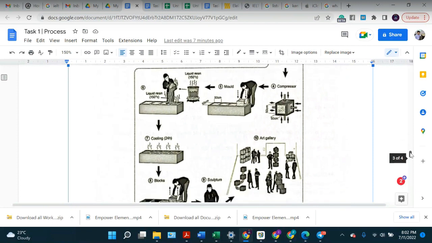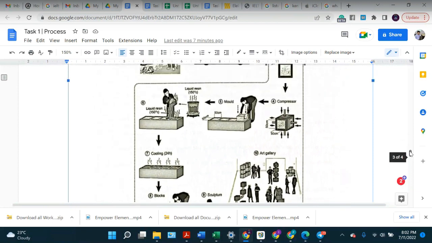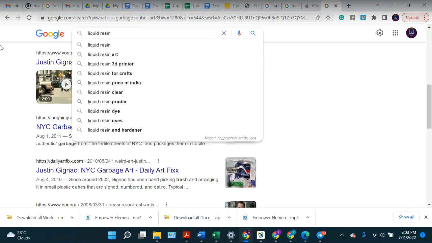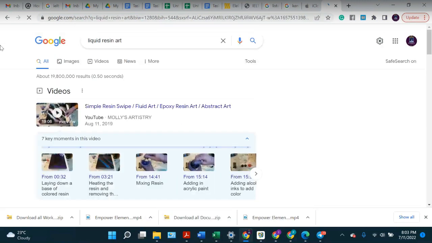I'm not sure here. I would think twice before adding this information, but I think the reason why the artist adds liquid resin is to hold the garbage together, because it should stay stuck, right? Because it's going inside the box. If you think about it, you get different types of trash, and you put it together. It would have space and holes in it, right?